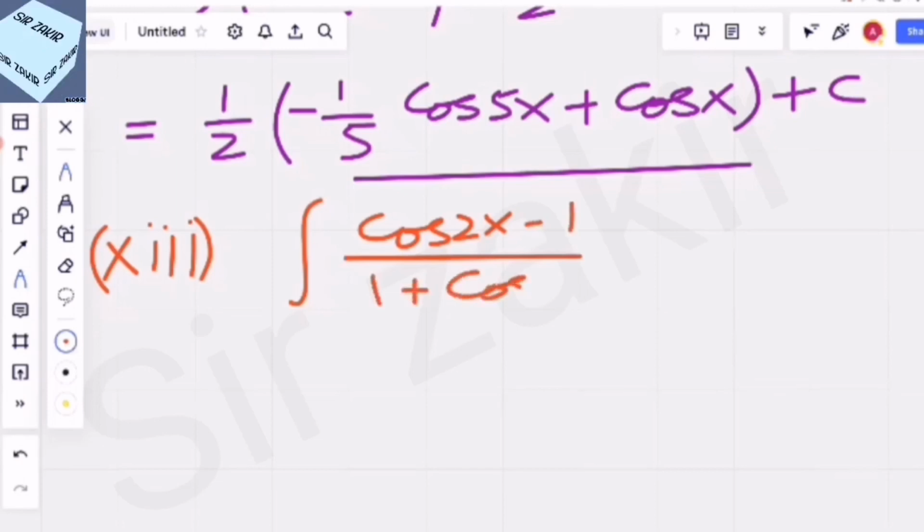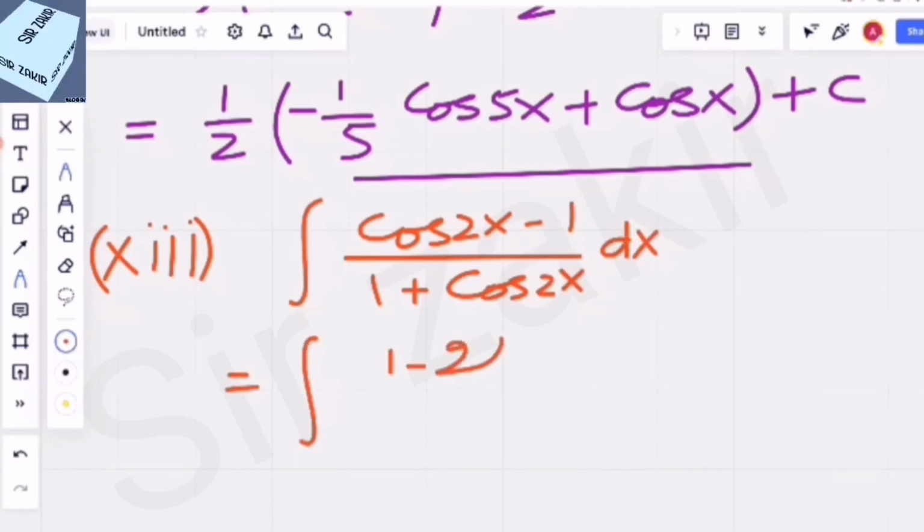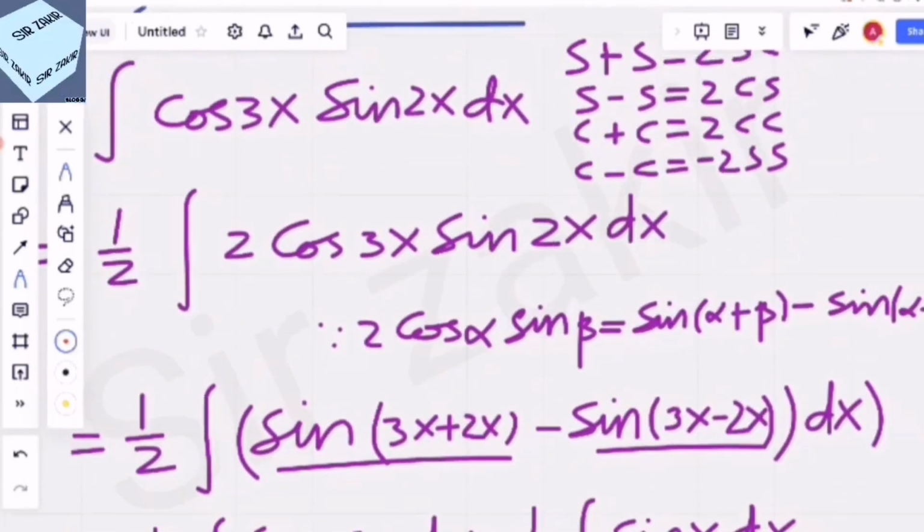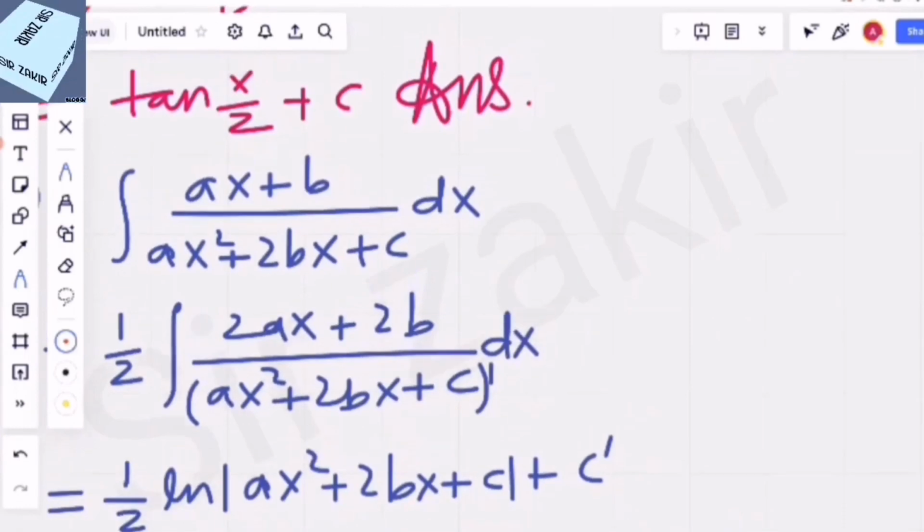In place of cos 2x we write 1 minus 2 sin square x. It is a replacement, this is minus 1 divided by, here we write 1 plus cos 2x. We have used this formula earlier also. 1 plus cos 2x is equal to 2 cos square x.